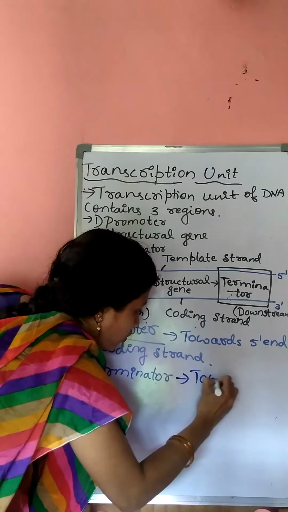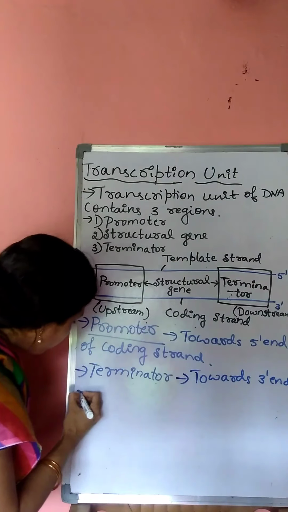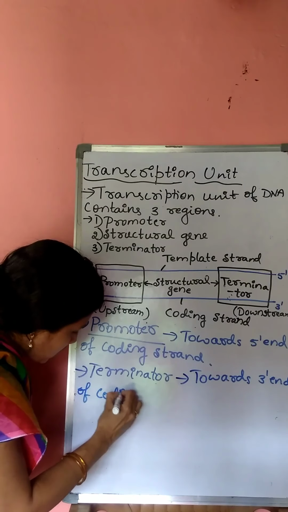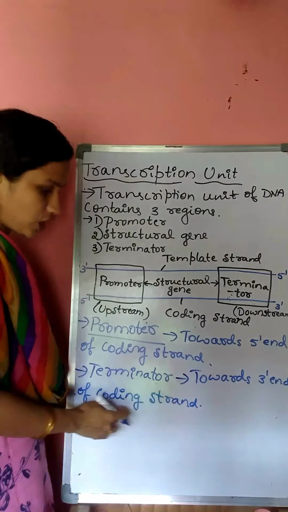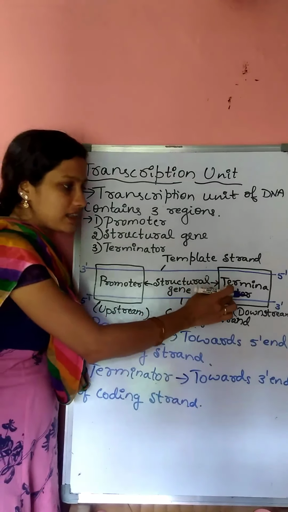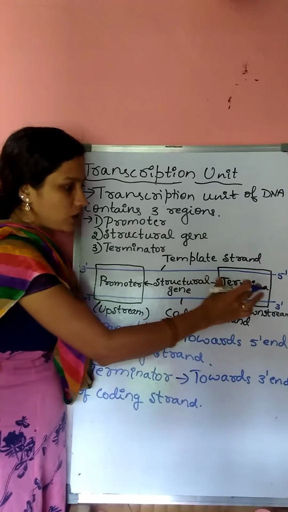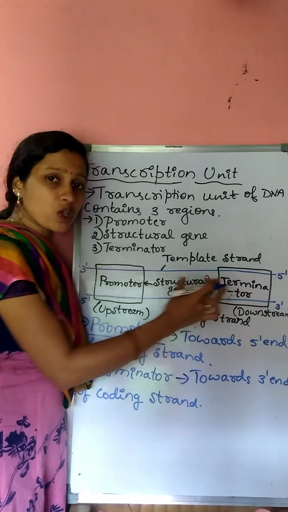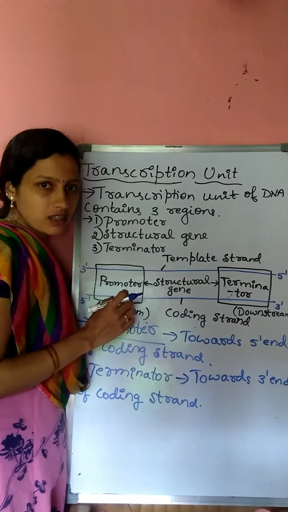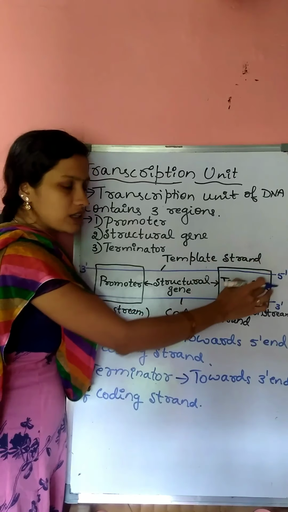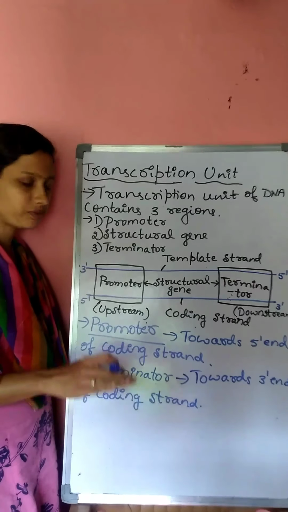It is the site where the process of transcription would stop. It contains particular sequences where the process of transcription stops.